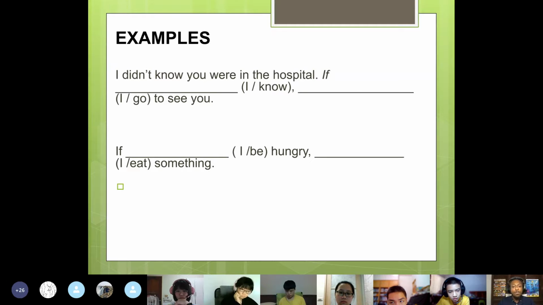So for our be this time, we're going to say if I had been hungry. So we're using a different, so not just the was or were for be, but we're using the past perfect there. So if I had been hungry, I would have eaten something.